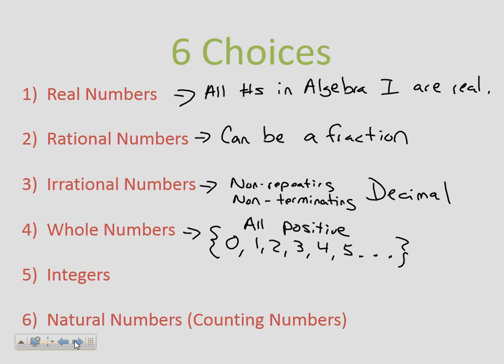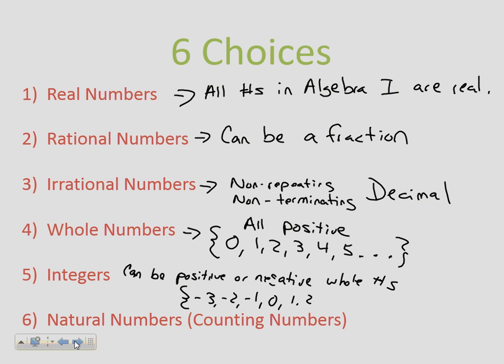What do you know about integers? They can be positive or negative. So these can be either or: -3, -2, -1, 0, 1, 2, 3, 4, and so forth.